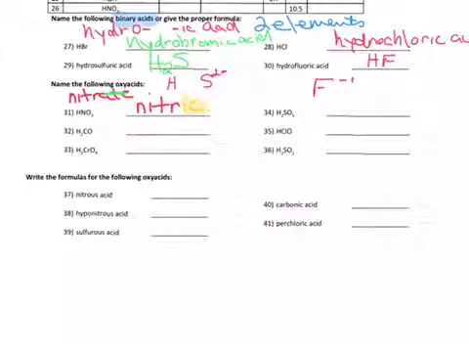How many fewer oxygens do I have on the H2CO2? 2 less. So what are the rules when there are 2 less? What is the prefix I need? Hypo. Hypo, carbonous acid.